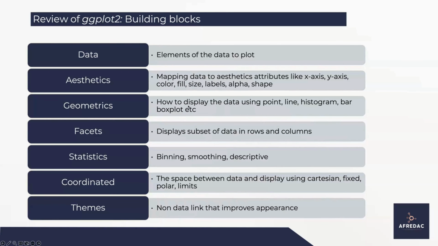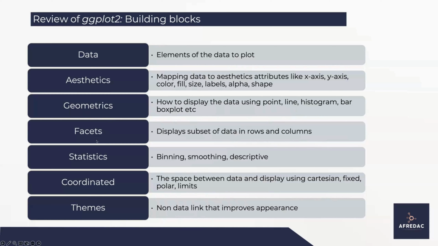That comes under the building block of geometrics. That is whether you want to do a point plot, a scatter plot, a line plot, histogram, bar, box, violin, and all those kinds of plots. You just know which type of data visualization will actually communicate clearly what you want.